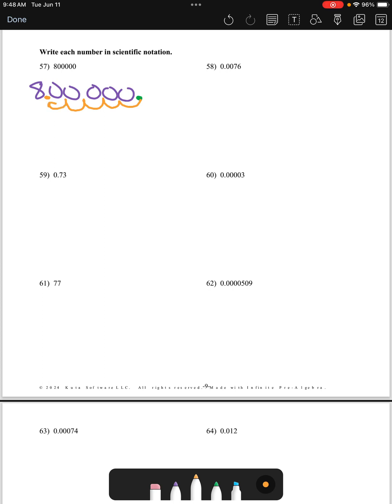Question is, how many times would I have to move it to get it there? 1, 2, 3, 4, 5 times. So 8.00000 is just 8 times 10 to the 5th power. We moved the decimal point 5 times.